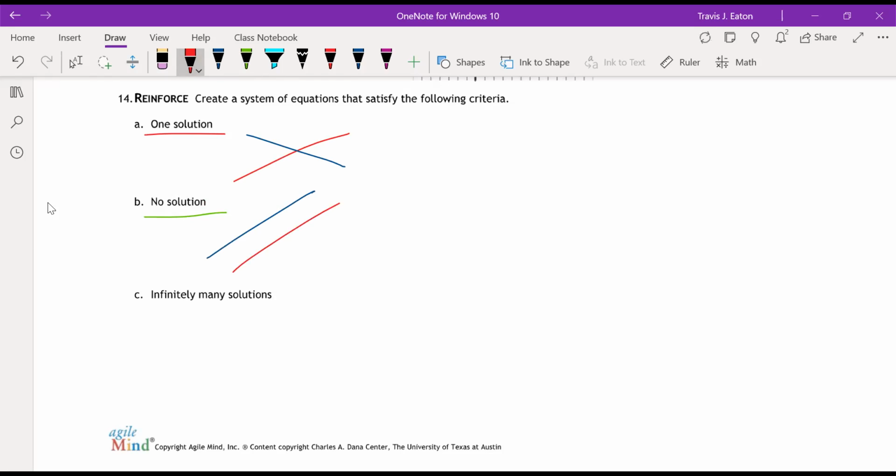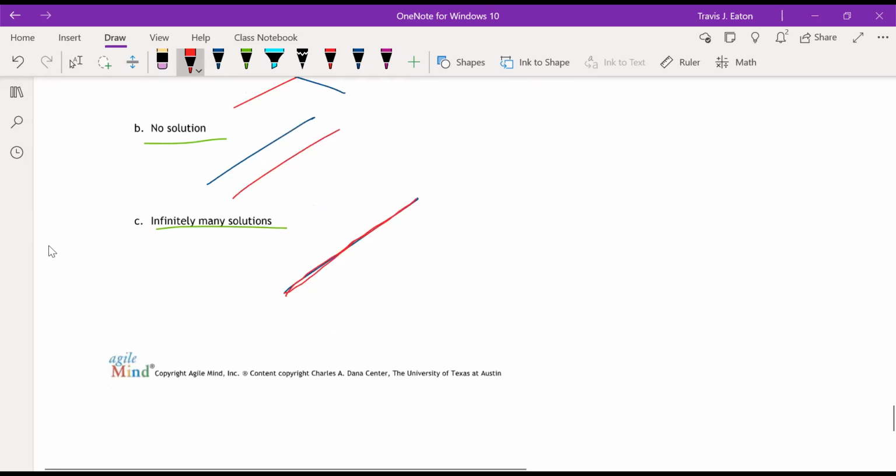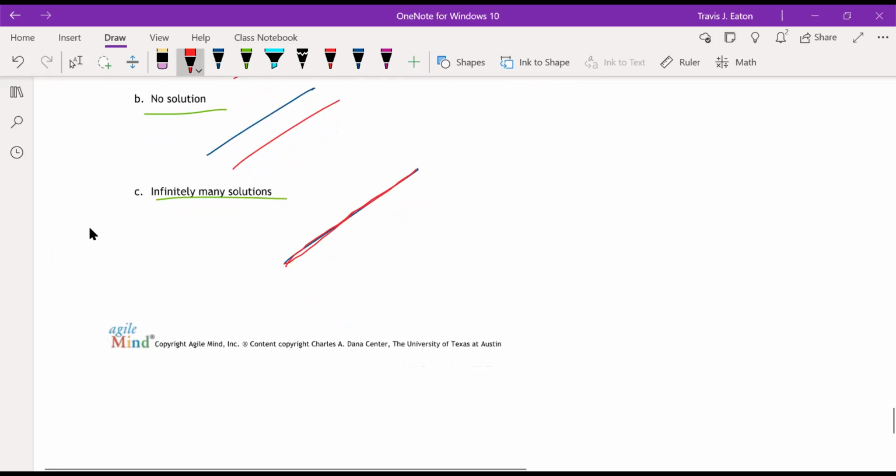And then remember, to have a system of equations that has infinitely many solutions, you need lines that run right on top of each other because every point on that line would be the same as the one before. So it's up to you to come up with those equations for those systems.